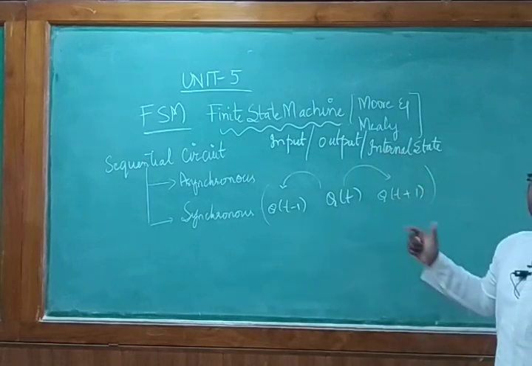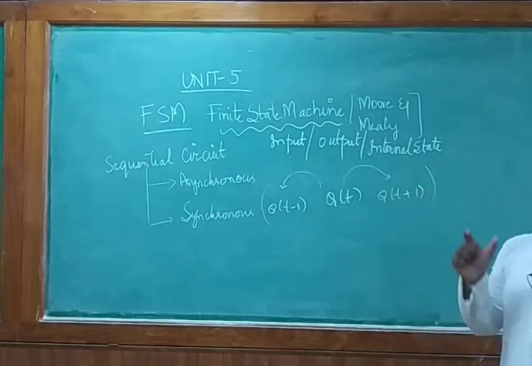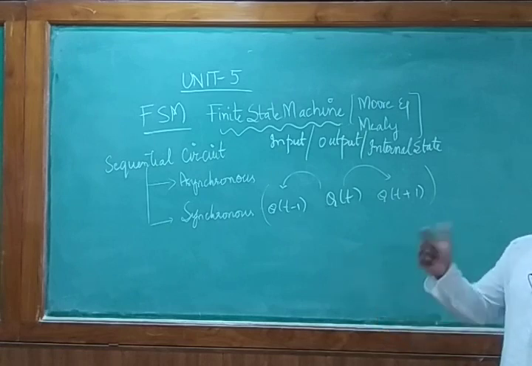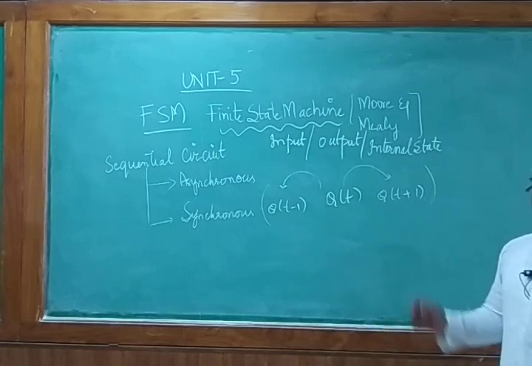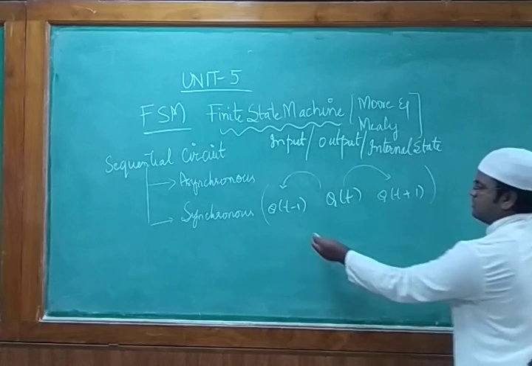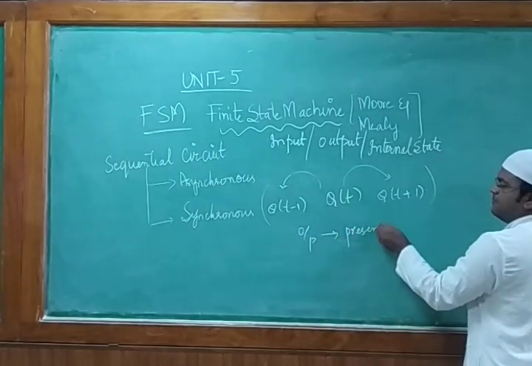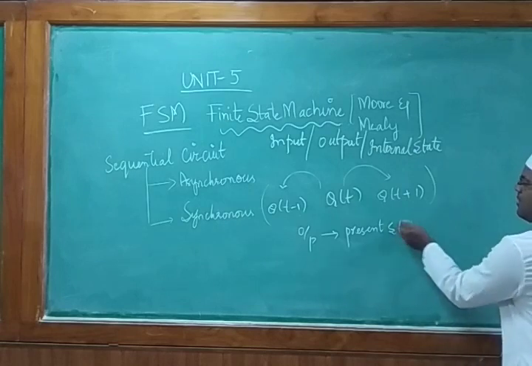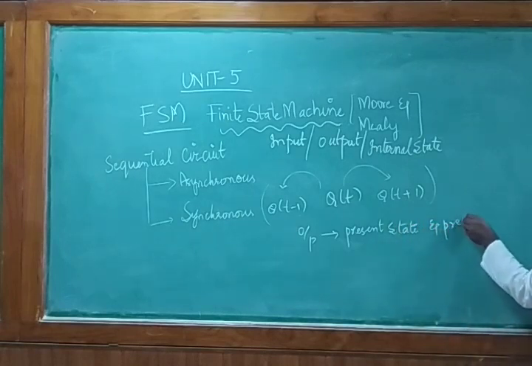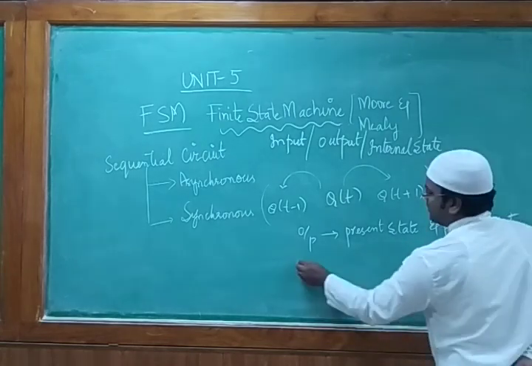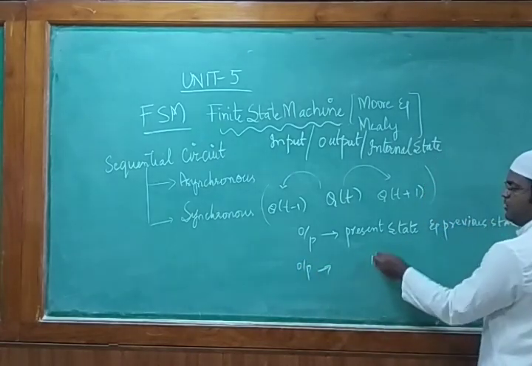Both are designed in the same way, but one depends only on the input, while another depends on the input as well as the present state. Suppose the output depends upon the present state and previous state, and in another machine the output depends upon only the present state.